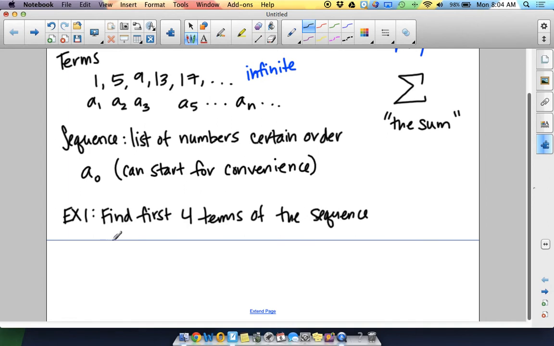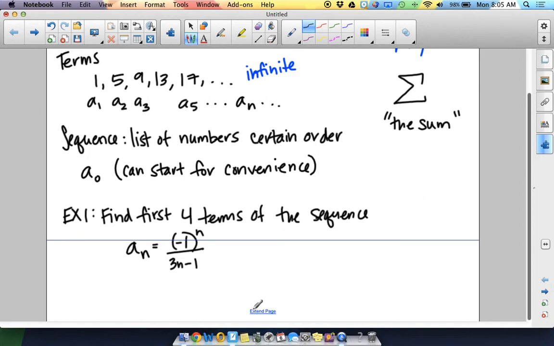And since it's a general rule, I'm going to write a sub n, because that stands for any nth term in the sequence, equals negative 1 to the n power divided by 3n minus 1. So your guys' job is simply to find the first 4 terms. You're supposed to find when n equals 1, 2, 3, and 4.